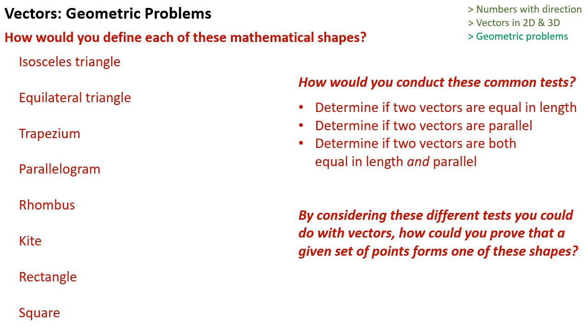So firstly, if two vectors are equal in length, you could demonstrate that simply by using Pythagoras, find out the length of each one. If they're parallel, then it should be possible to write one of them as a scalar multiple of the other. So you could write the first vector equals k times the second vector. You then compare each element.